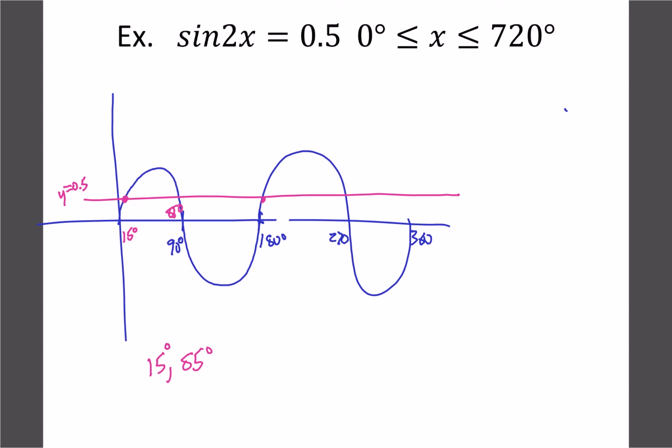So the next one's at 180 plus 15, which would be 195, and then the next one is at 17 pi over 12, my Desmos is giving me. So you just have to be careful converting them from radians to degrees, and we basically just keep going with that pattern all the way up to 720. Okay, so you get the idea. It doesn't really matter what the equation is, it's pretty easy to do on your calculator.